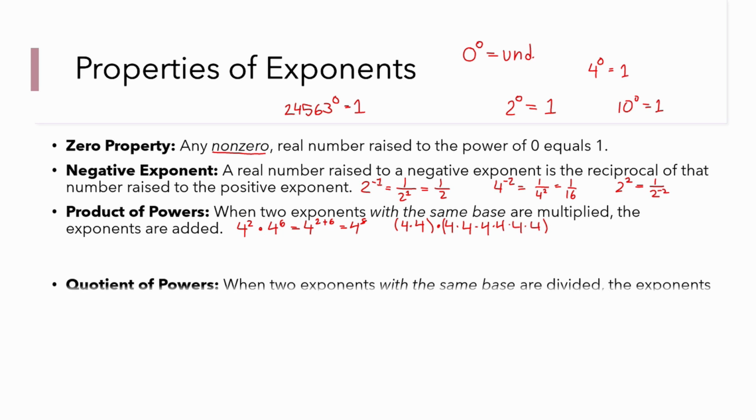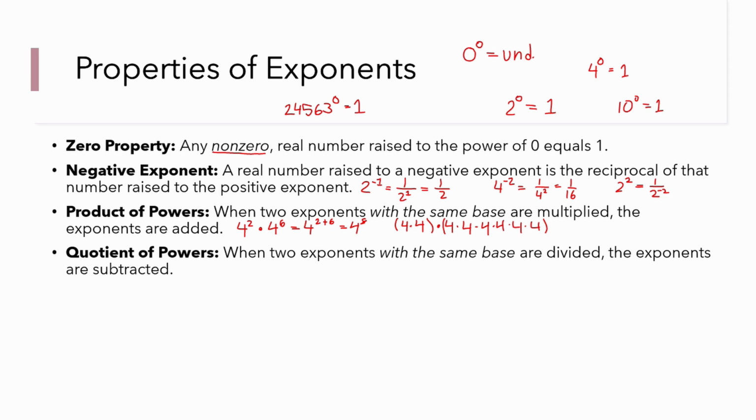We also have the quotient of powers. This is when two exponents with the same base are divided. When this is so, the exponents are subtracted. So it's like the inverse of this. So let's take the same example here and divide them. 4 to the power of 2 divided by 4 to the power of 6 is equal to 4 to the power of 2 minus 6.